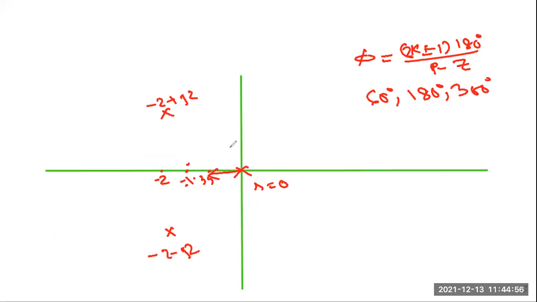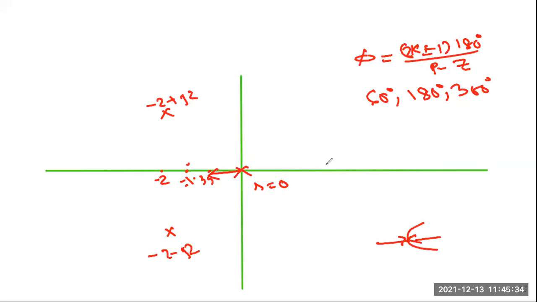Now, do you think it is possible? What is the meaning of a breakaway point? Breakaway point means two root loci will meet at a point and then move in different directions. But here these two points are imaginary. So always remember, if you get any imaginary point after solving the problem, you have to discard it, because the breakaway point will always lie on the real axis.